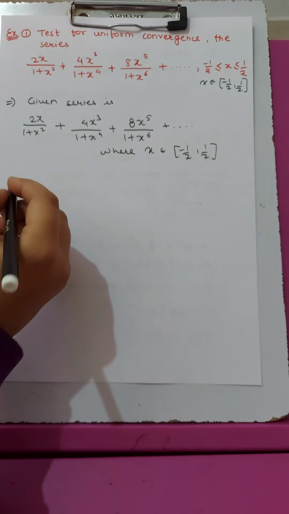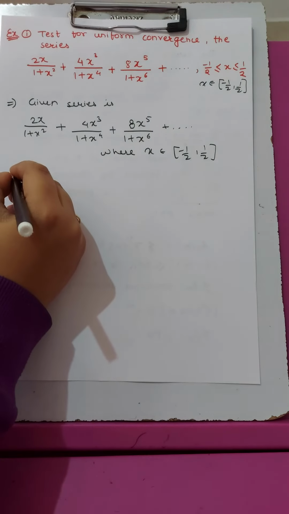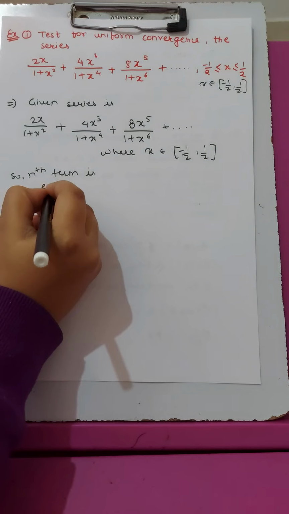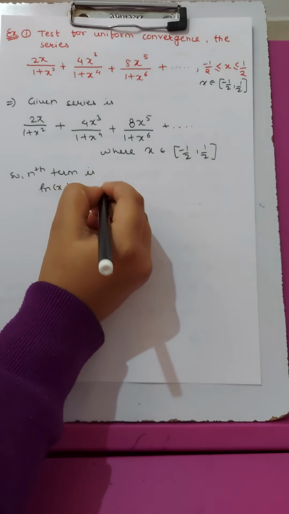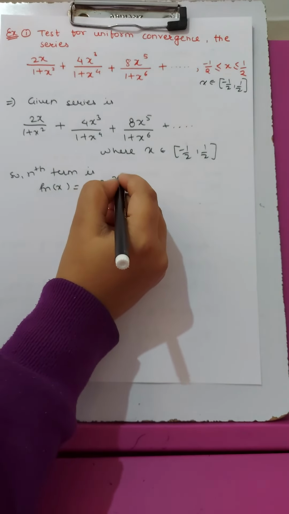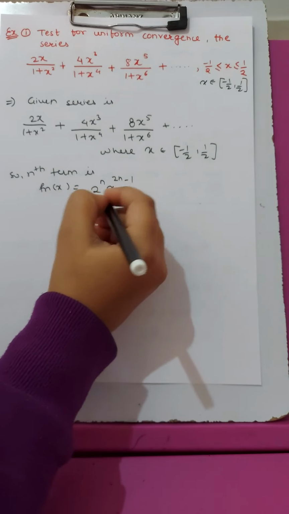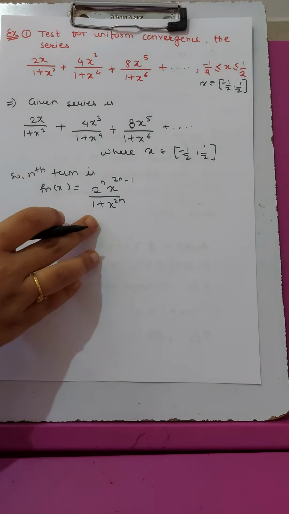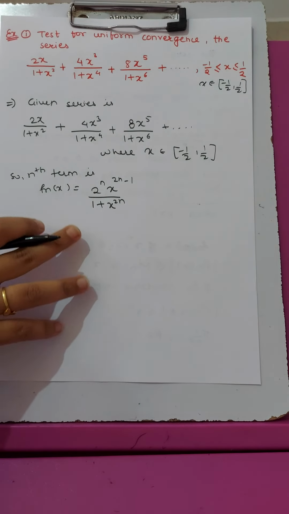So the nth term of the given series is fn of x equals 2 to the power n x to the power twice n minus 1 upon 1 plus x to the power twice n. You can cross check by putting n from 1 and so on.